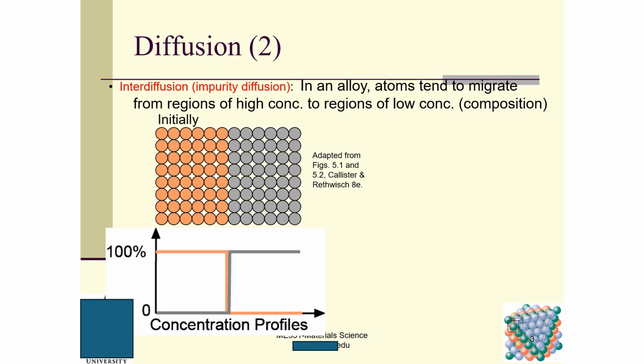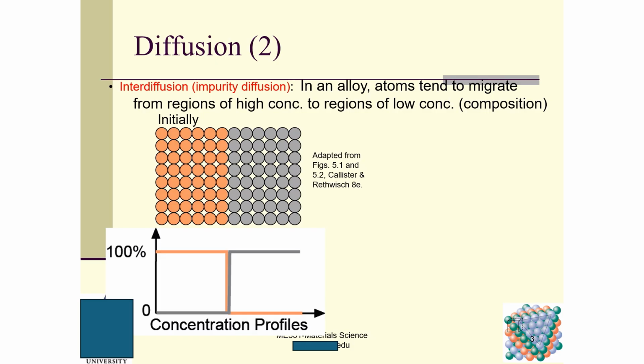This is a figure. Initially I have this color and also this dark color. The two different colors stand for two different atoms. At the very beginning, the concentration of the colorful atoms is 100%.